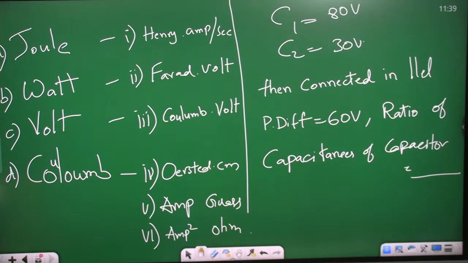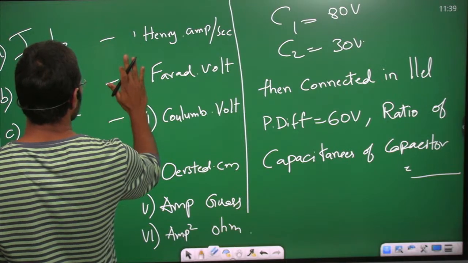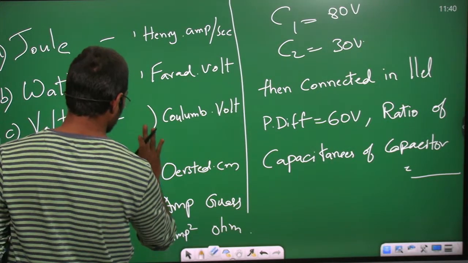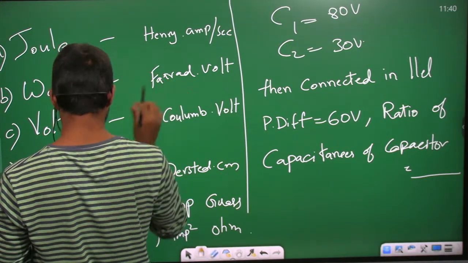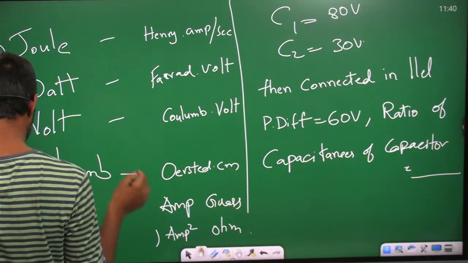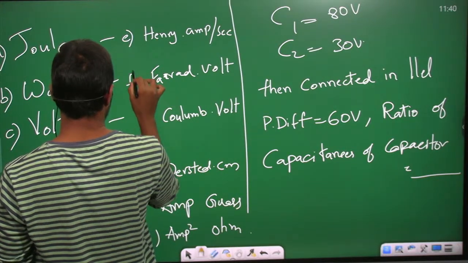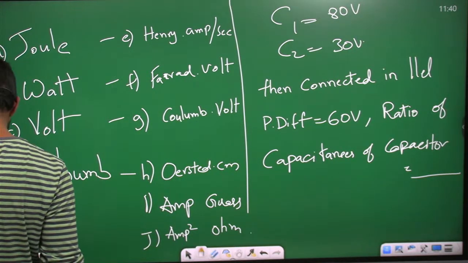So what is joule? Joule is on AF. See here, ABCD. For our convenience, so what is A?